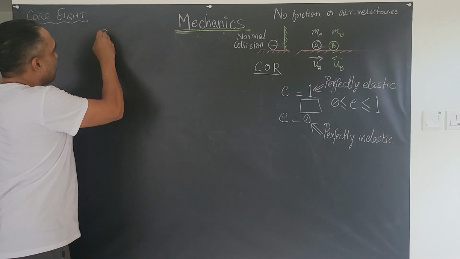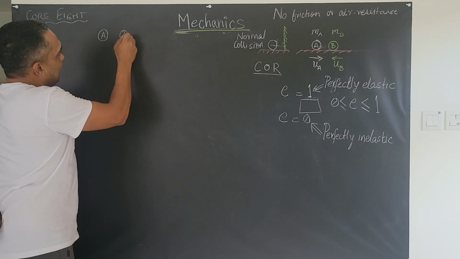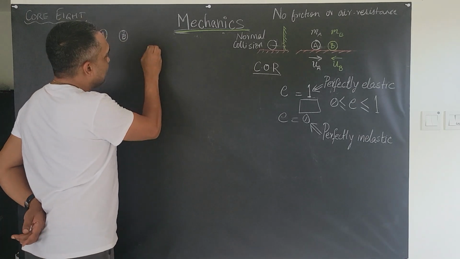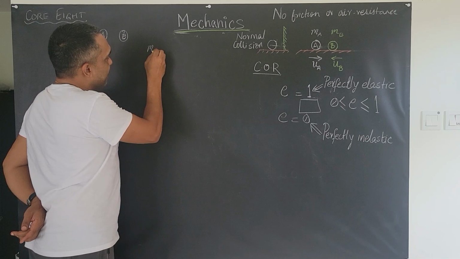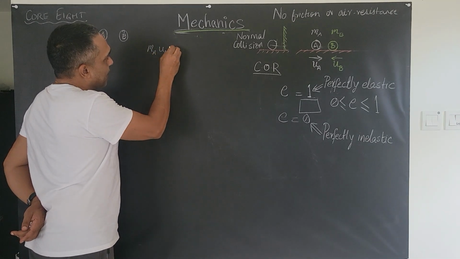So what did we talk about? Two particles, let's just say A and B, right? And we had two particles coming in, and I think I might have told you that the conservation of momentum is ma times ua, their initial velocity, right?